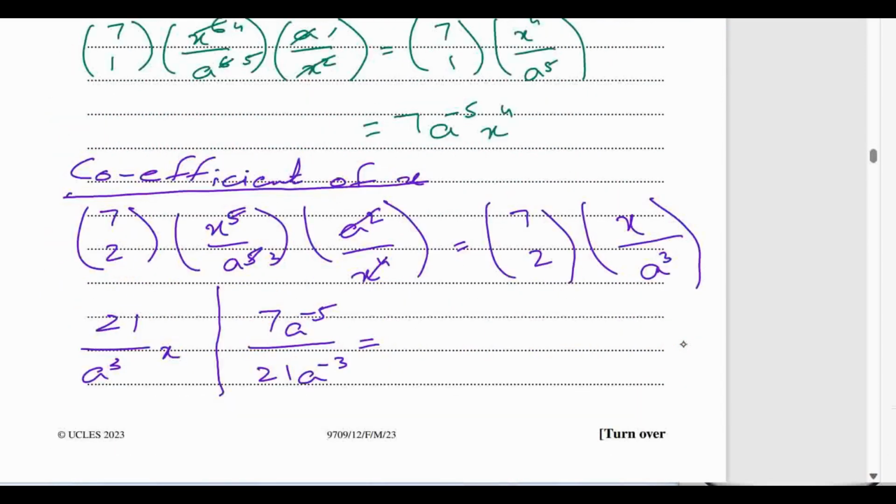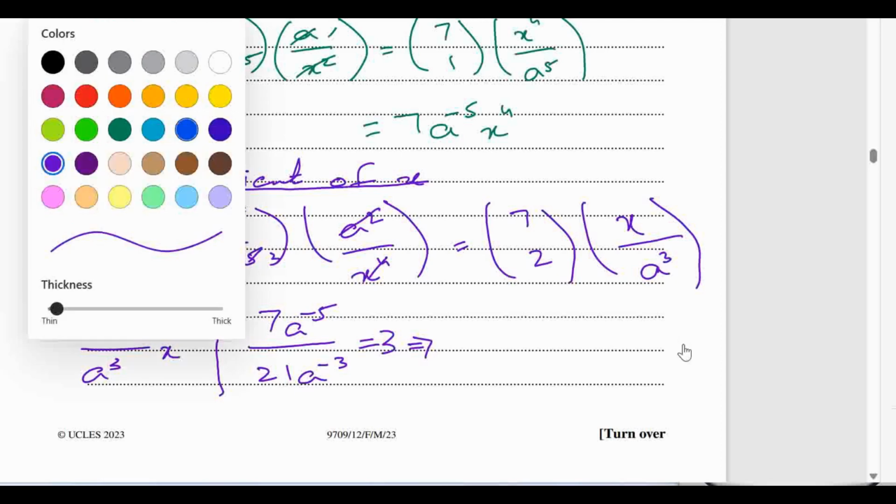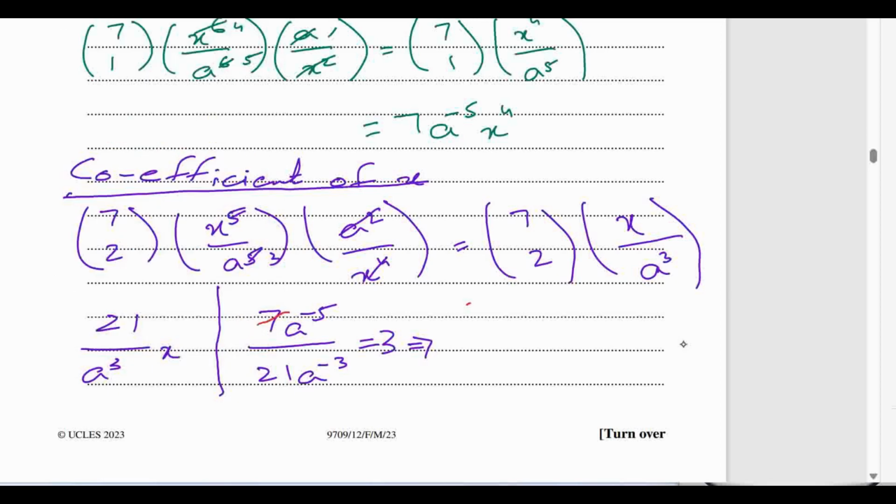So in the question it is given that this will be equal to 3. Now we can further simplify it. Let me change the color so that there should not be any problem. Now 7 ones are 7, 7 threes are 21, and here we can change the sign over here.